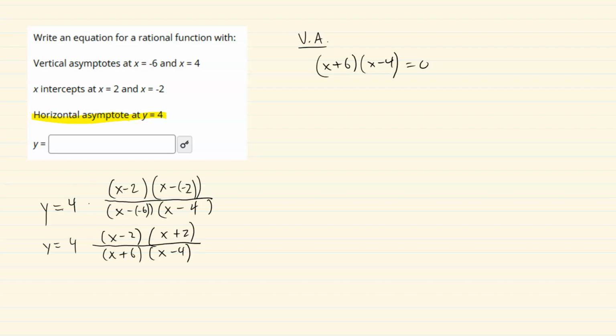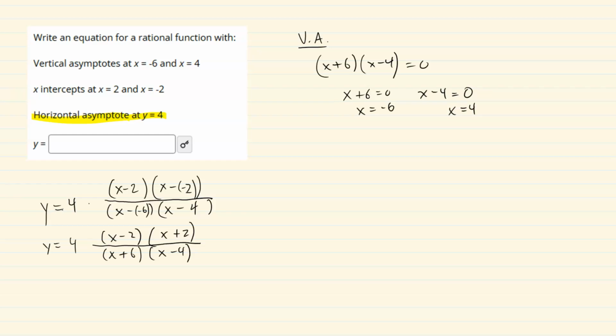That's what I mentioned before. Now, in order to solve for that, we would set both factors, x plus 6 and x minus 4, both equal to 0, and solve. And that's where we get the opposite sign. x equals negative 6, x equals 4.